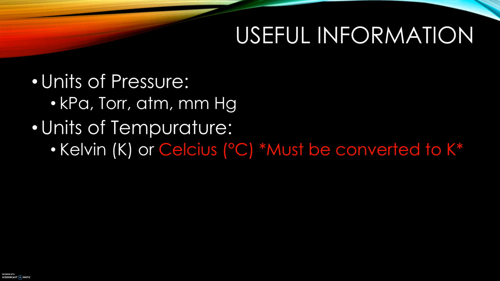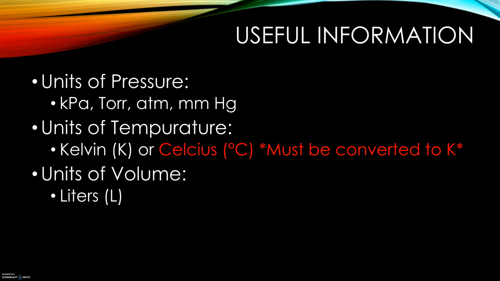All right, so hopefully temperature units are easily identified because there are technically only 3 out there. Well, if we go into more detail, there are 4, but the 4th one you don't really use unless you're going into engineering. All right, so let's talk about our next units that we need to be able to easily identify. We have units of volume. In this case, we are dealing with liters.